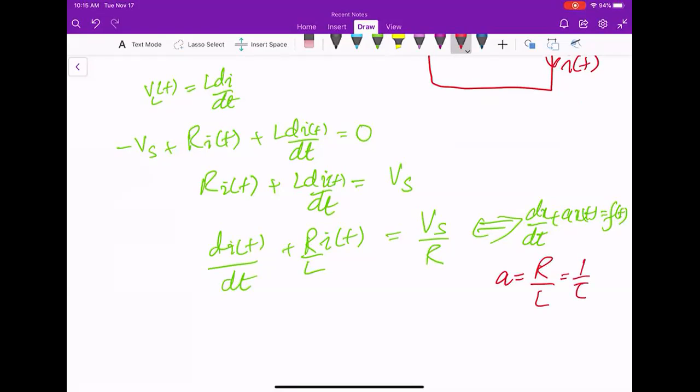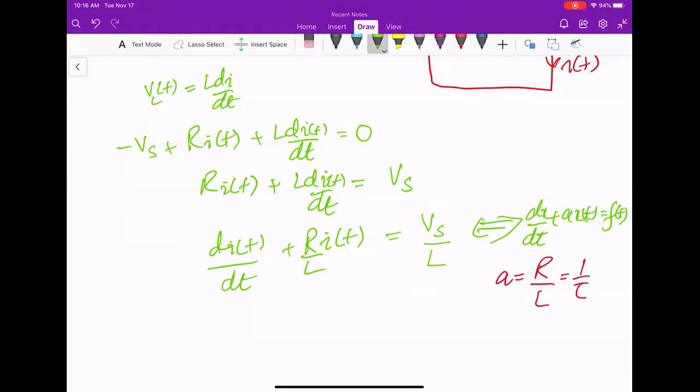Professor, should it be Vs over L? Yes, yes, here there is something. It should be Vs by L. Yes, that's fine.